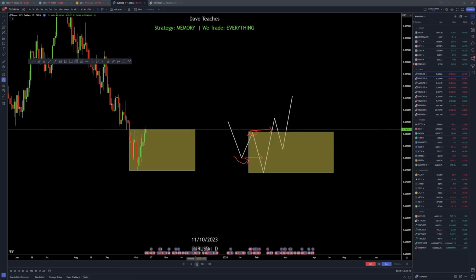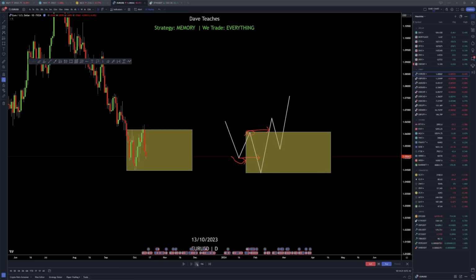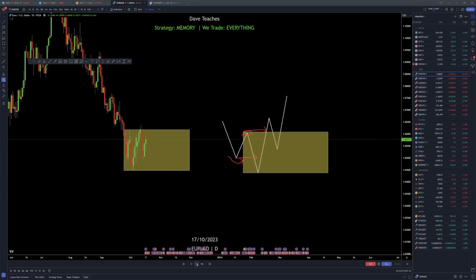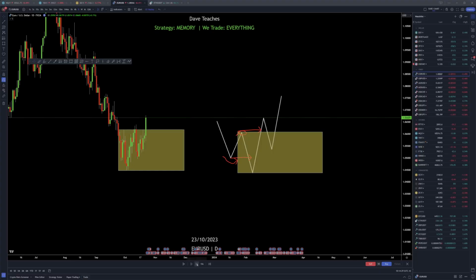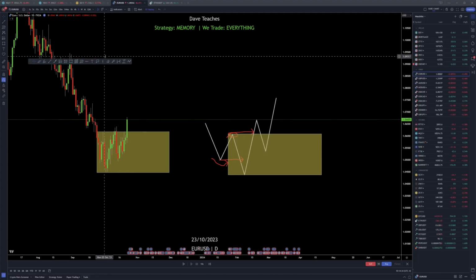And what you see is, if we click forward, price taps back into the 50%, digs deeper, trades back up above the 50%, and then takes us out. But what do you notice about within here in the 50%?